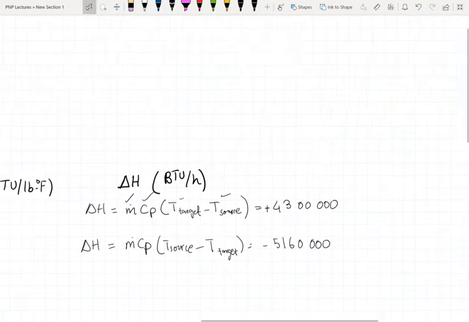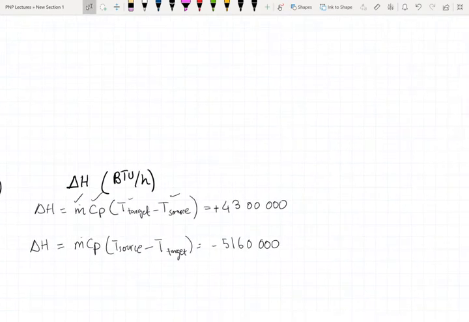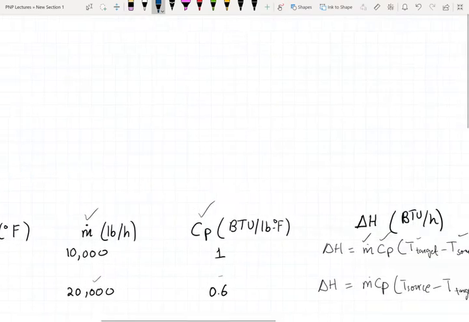Okay, so if you perform a first law analysis, you can see that the energy required by the cold stream is not equal to the energy given off by the hot stream.